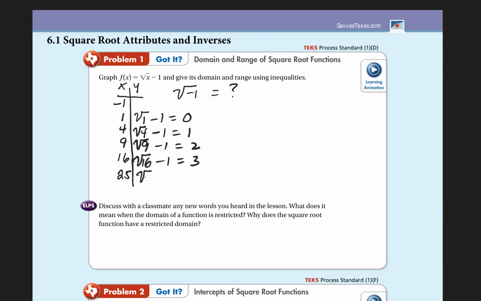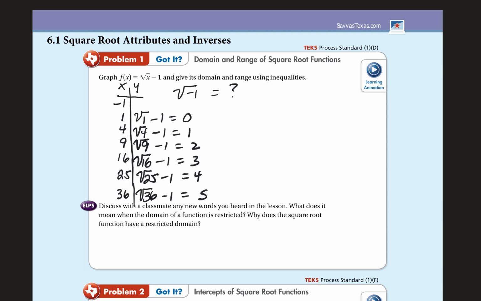The square root of 25 is 5, minus 1 is 4. Now if I do 36 as an input, I have square root of 36 minus 1, which is going to give me 5.